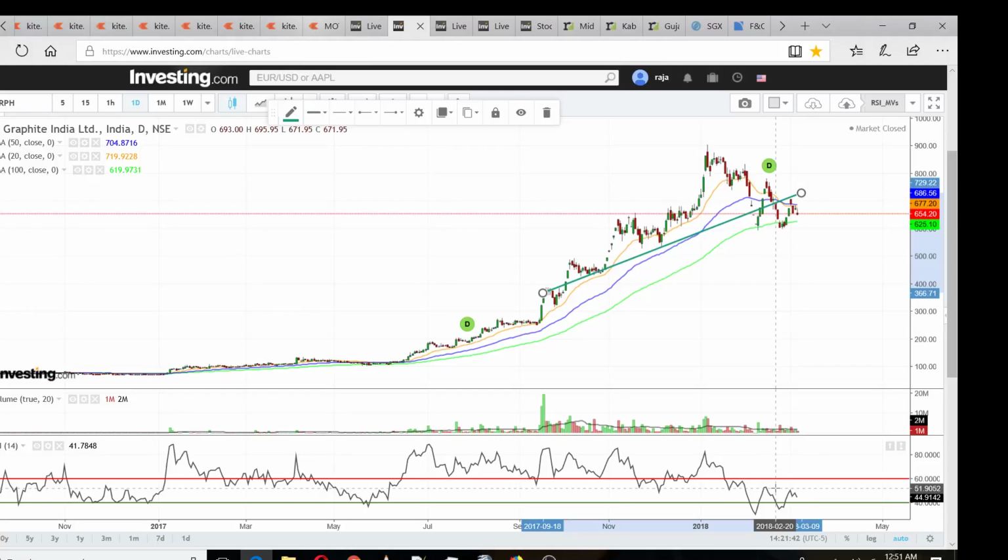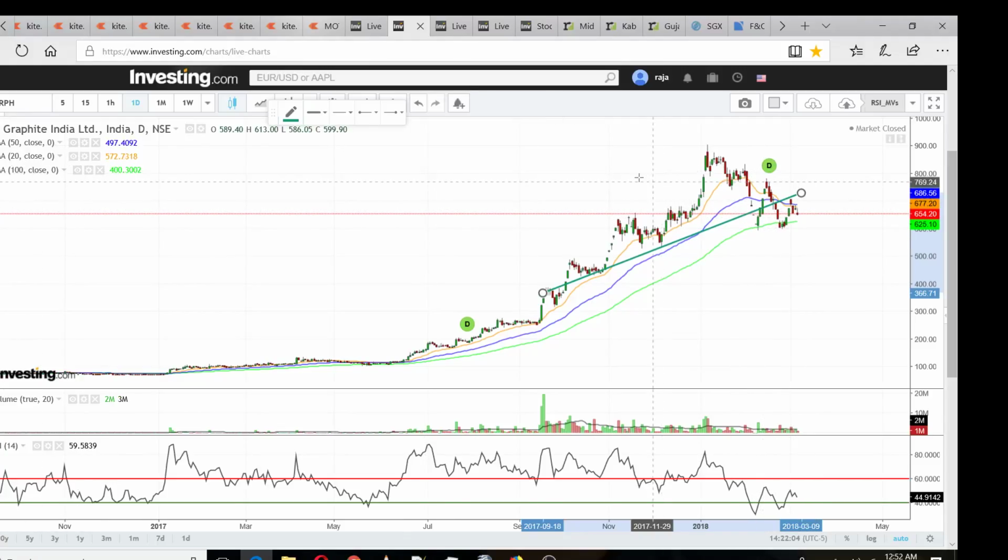Bulls are not showing strength at these levels. That's the relevance of RSI. Now in price action under this trend line, what was supposedly support here has now become a resistance.